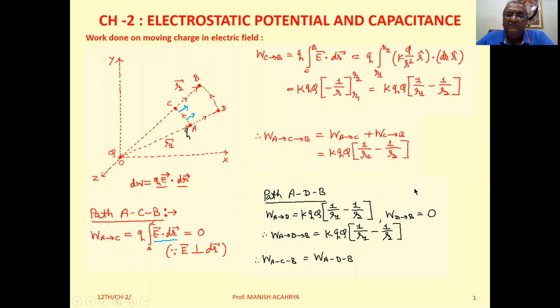Now here the important thing: we proved the electric field is a conservative field. It implies that the work done to move charge q in an electric field from one position to another does not depend on the path chosen to move, but it depends only on the initial and final position.